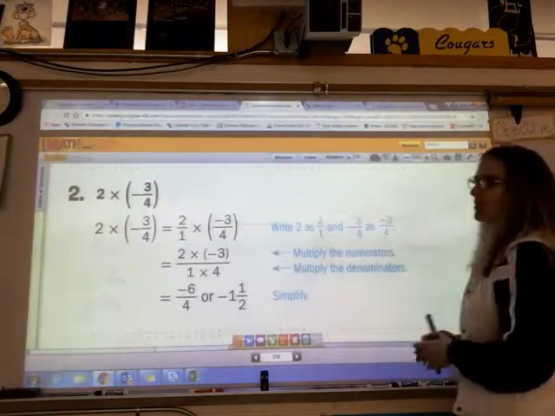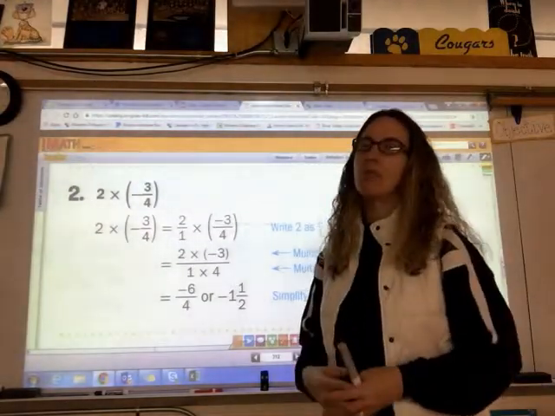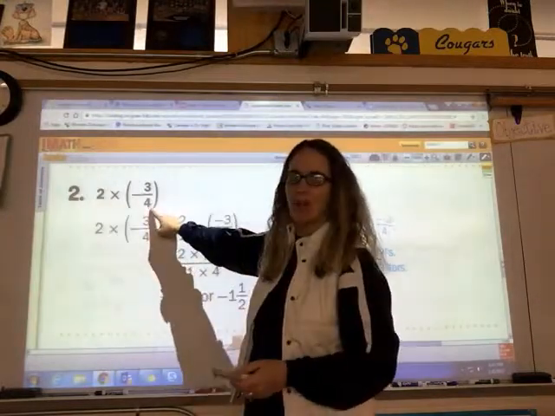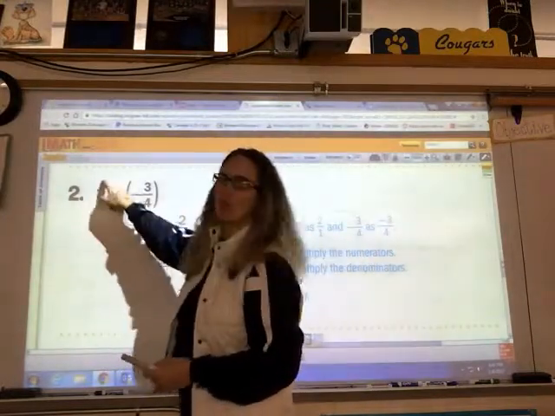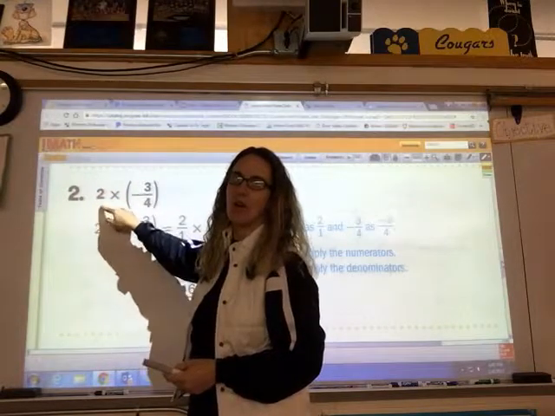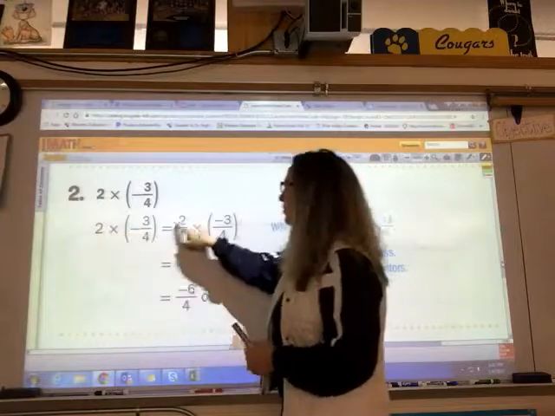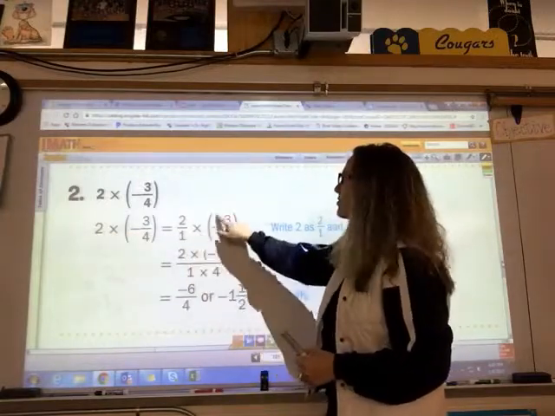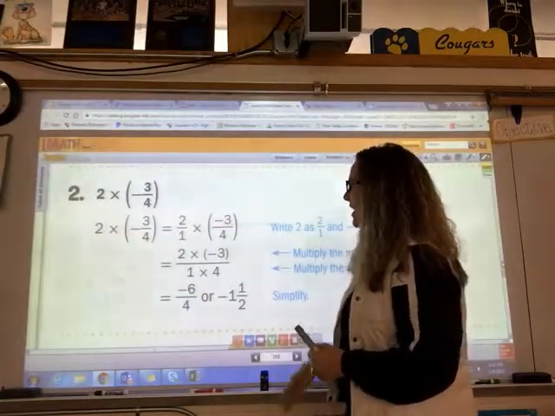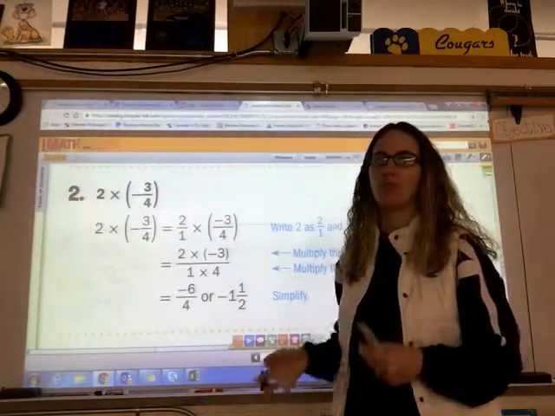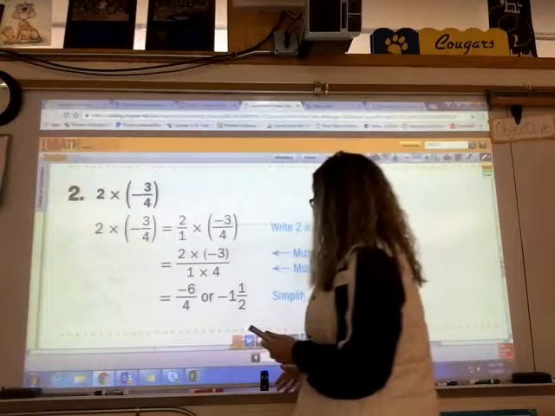Same rule is going to apply when we take a look at number 2. Example number 2 is a little bit different in the sense that they're taking a whole number times a negative fraction. Please remember that we can write whole numbers as fractions by just simply putting a 1 underneath those. So as you take a look here, they've changed the whole number 2 to 2/1 times -3/4. Again, I'm going to look here to see if I can cross-reduce. I want to introduce that because I really do believe that it makes it a lot easier for you.